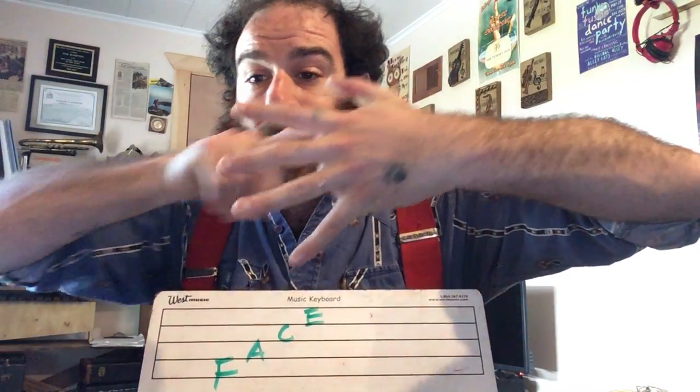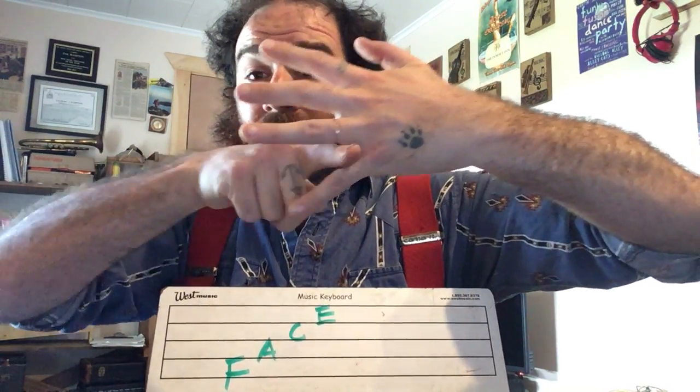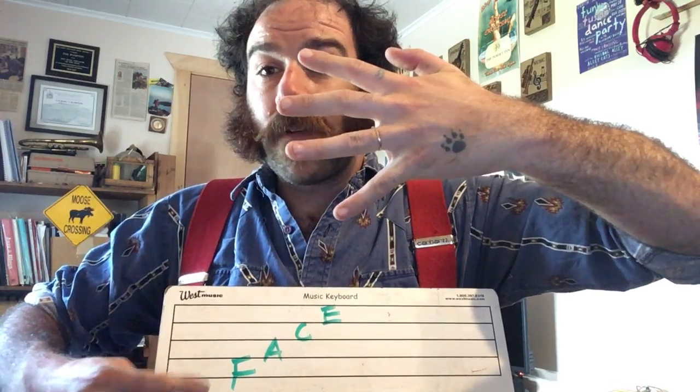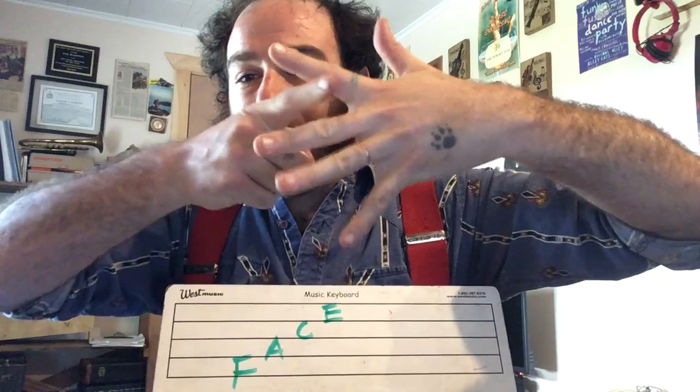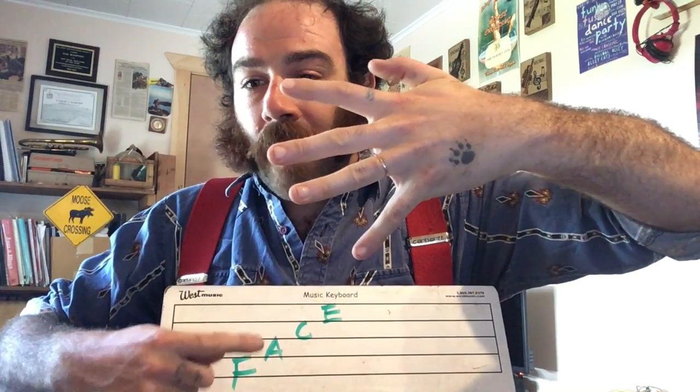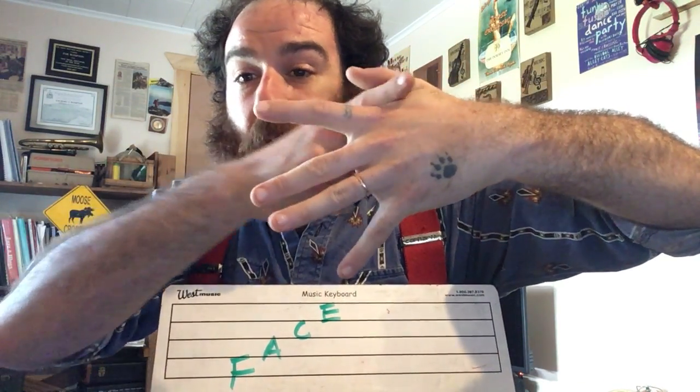F, A, C, E. And there are 4 spaces between our fingers. So, right in between here, this is F. Right in between here, that is A. Right in between here, that's got to be C. And the top space underneath the F line is E.